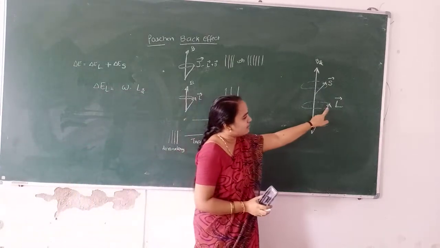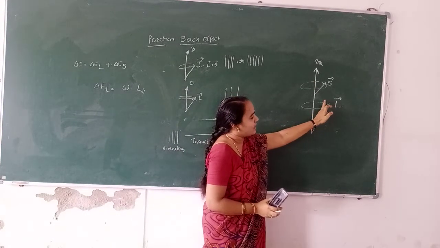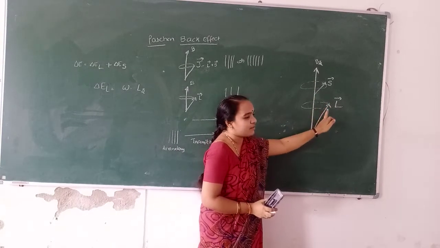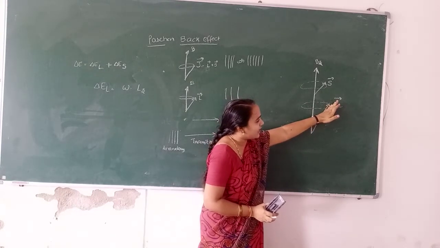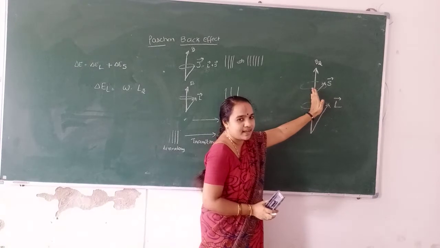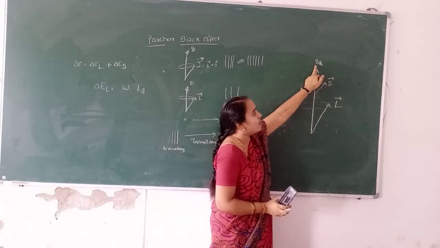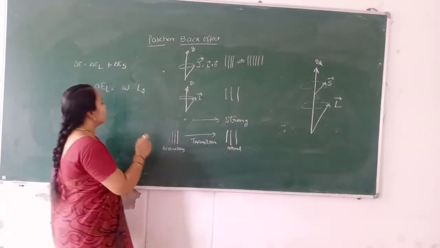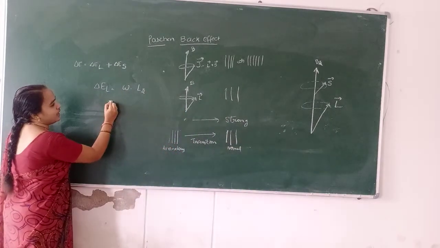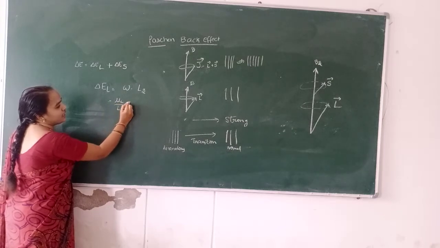So the interaction between L and the external magnetic field is the angular velocity of this revolving orbital angular momentum with the component of L bar along the external magnetic field. Since the direction of the applied magnetic field is along the z direction, we take the component of L along the z direction. What is omega? Omega is mu L by L into Bz.